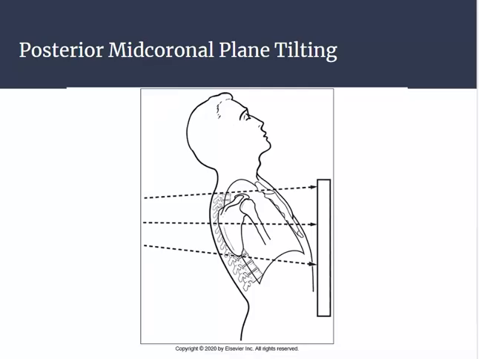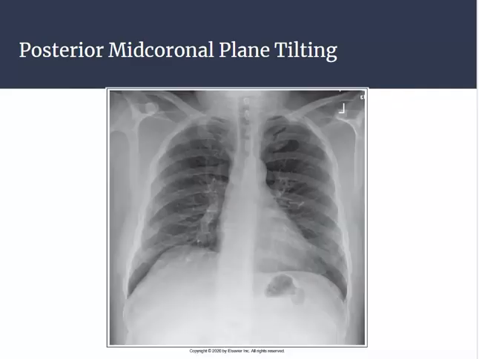In posterior mid-coronal plane tilting, where the superior mid-coronal plane is tilted posteriorly, again, you're going to get those lungs and heart foreshortened, creating that distortion once again. But this time, the manubrium, which you'll see in this image here, is situated at the level above the fourth thoracic vertebra.